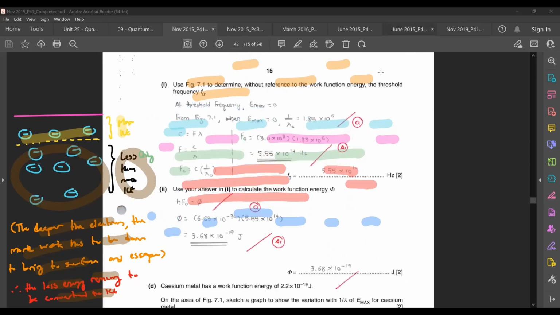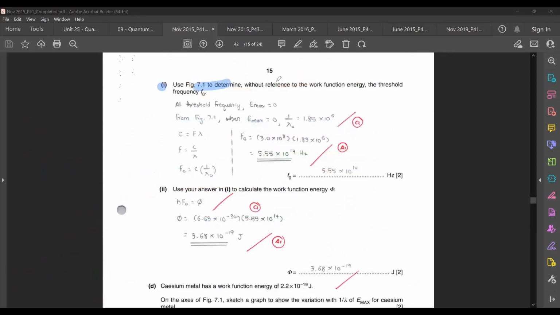So here, in this particular question, use that figure to determine, without reference to work function energy, your threshold frequency f0. Okay, so here you want to find out your threshold frequency, but you're given a KE max versus 1 over lambda graph. So if you're looking back at the same photoelectric equation from before, let me just try and rewrite it out for you.